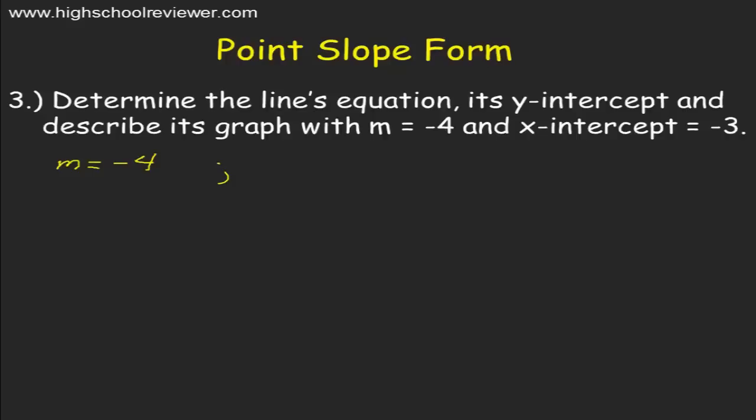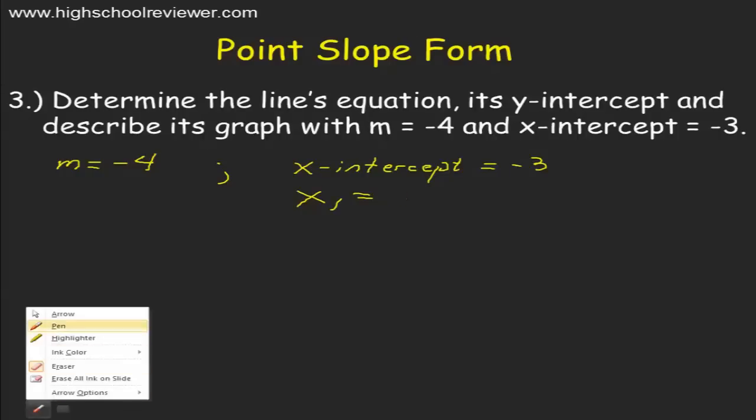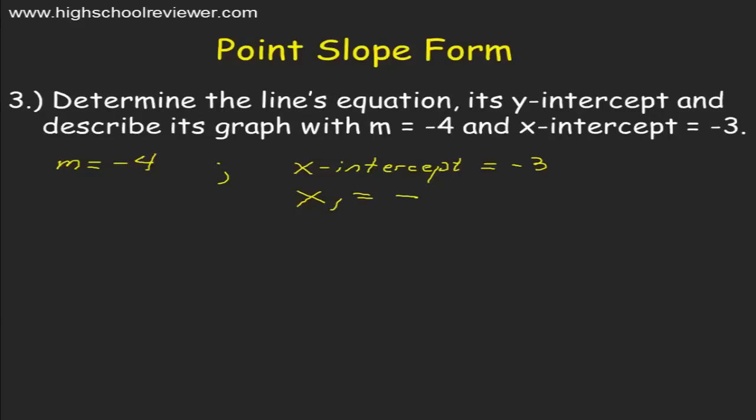So our x-intercept is equal to negative 3. So since the x-intercept is the only one that is given, this will be x sub 1 equals negative 3.